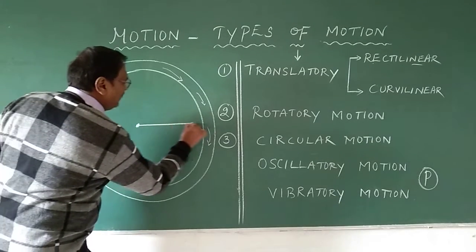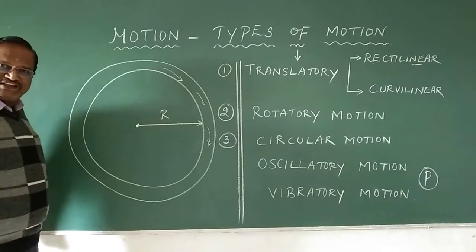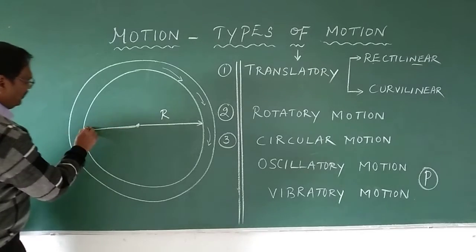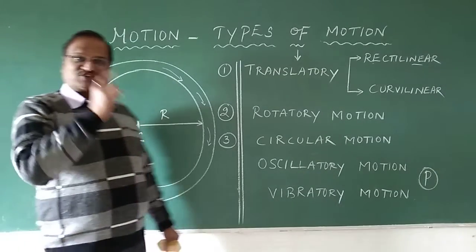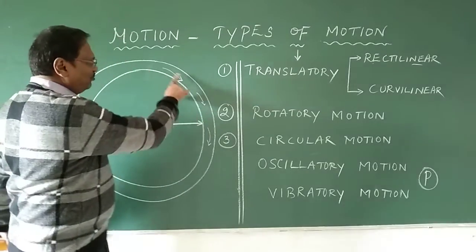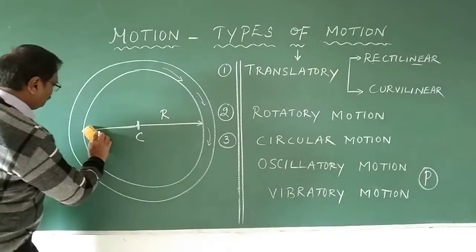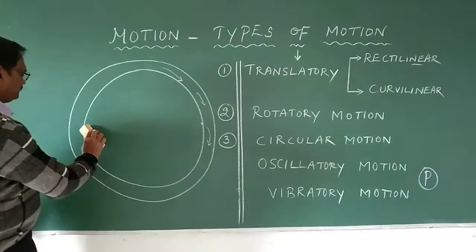A circle has a radius, and the whole width across is called the diameter. Half of that diameter is the radius, from the center. With respect to a center the body is moving, and that is called circular motion.